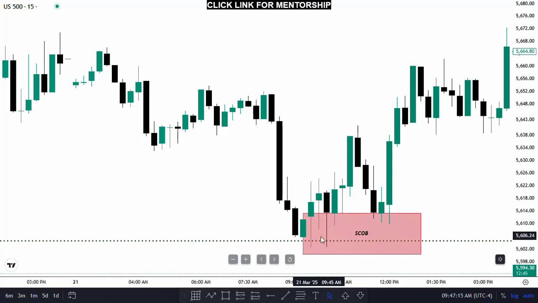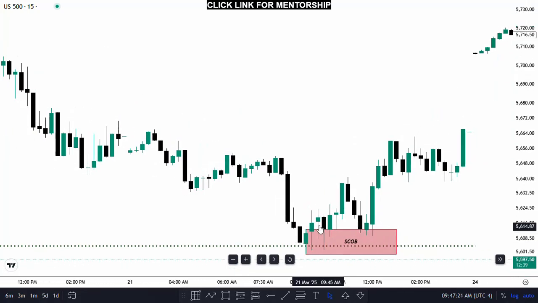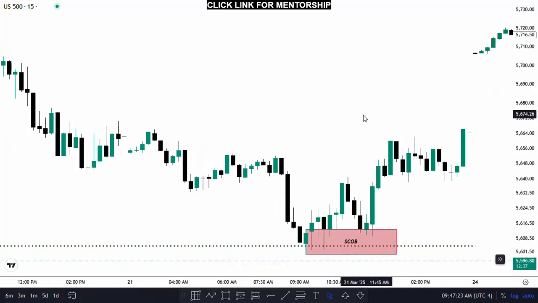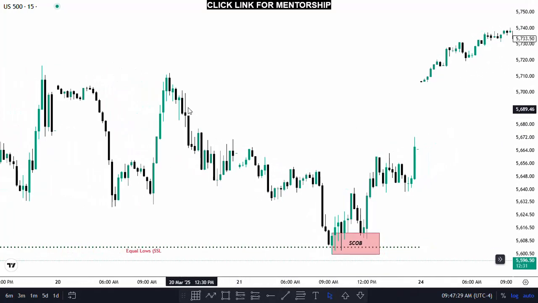So when you find that buy setup, now you can wait for price to kill the buy side liquidity. If you look closely here, these are not just random movements. There's always something that price is trying to give you.